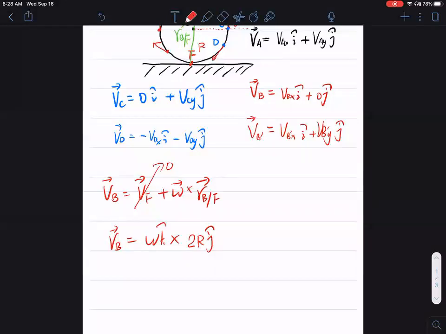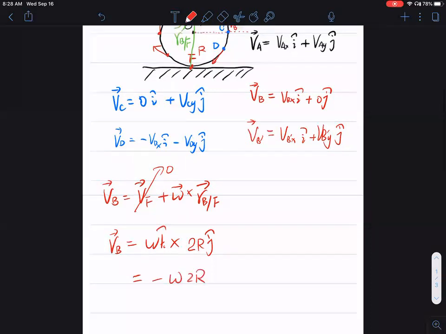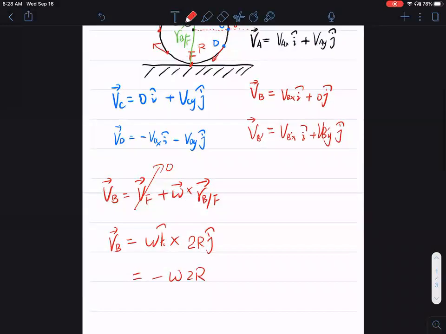What's the cross product of omega K cross 2RJ? That will give you IJK. K cross J will give you negative I. So we end up with negative omega 2R. So now we know VB equals negative omega 2R. Back to Krista's question.